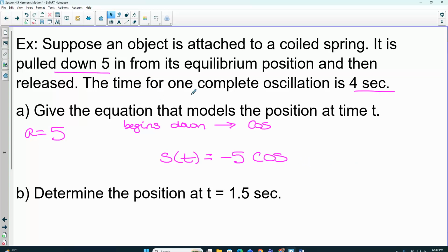We know the time for one oscillation is 4 seconds, so that's giving me my period. My period is 4. So when I do 2 pi divided by b, or in this section they use an omega, it's the same thing, this has to equal 4.